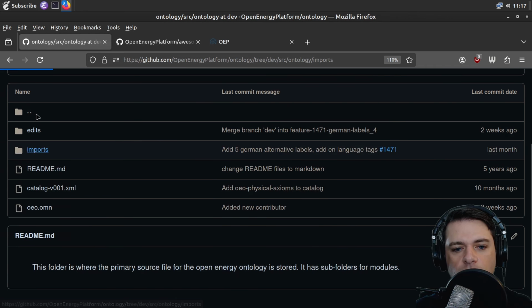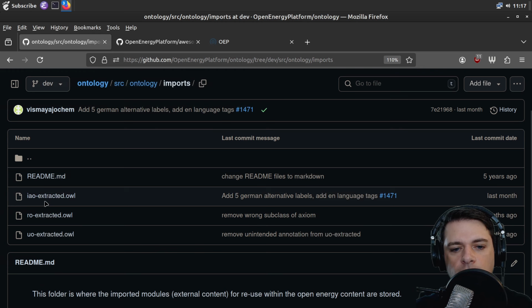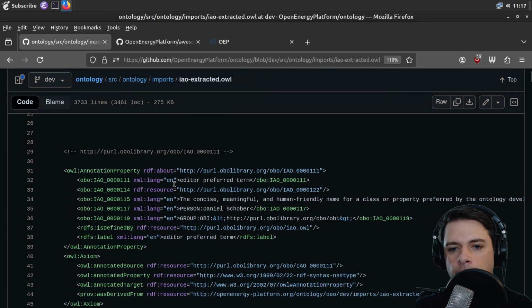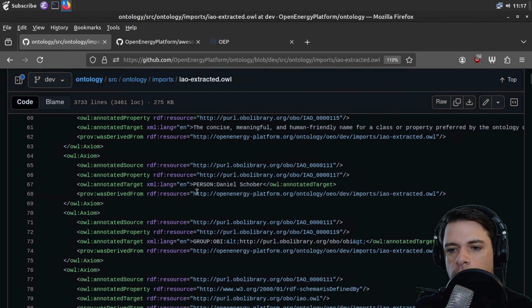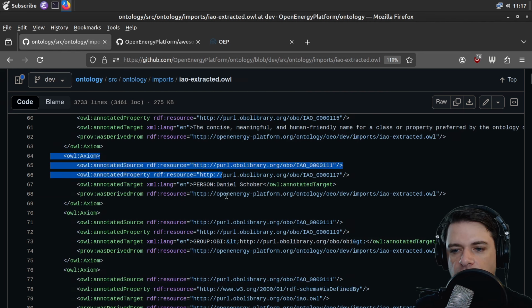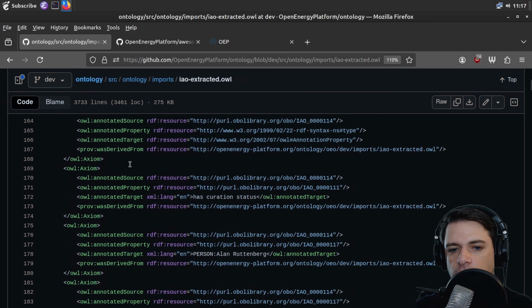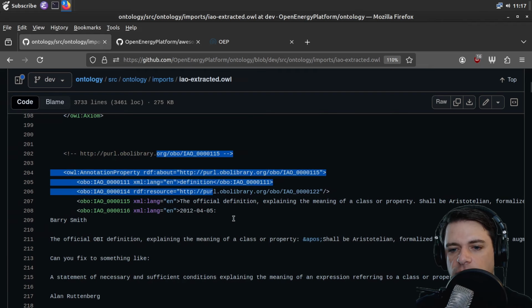Edits, imports, OMN. We have OWL files. So we have Daniel Schober is a person, and these are presumably basically RDF triples of some sort.